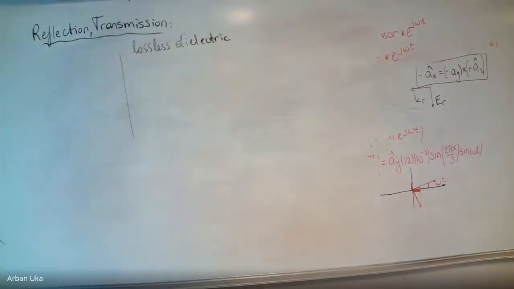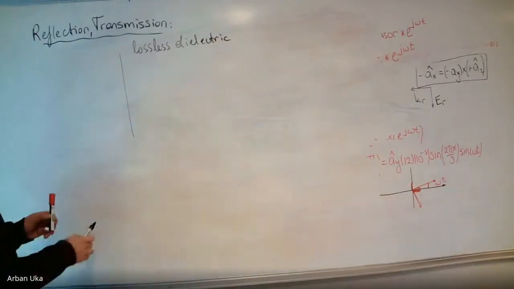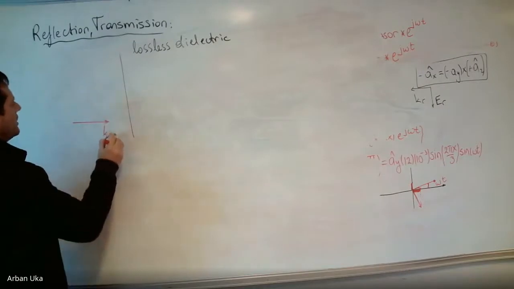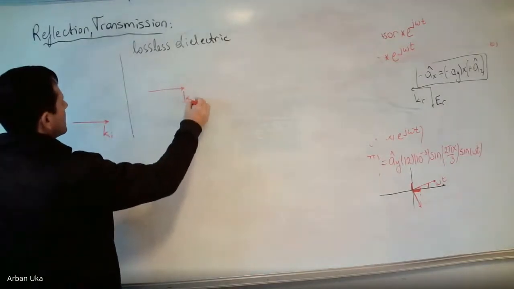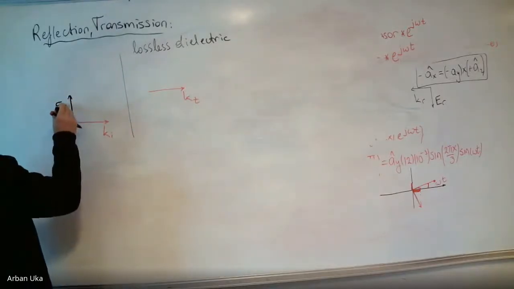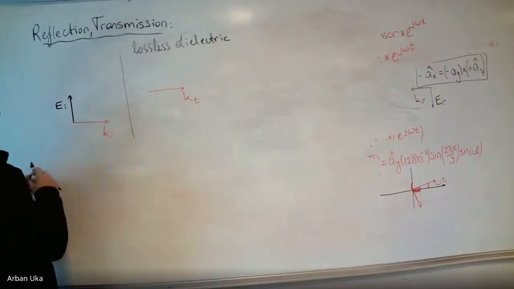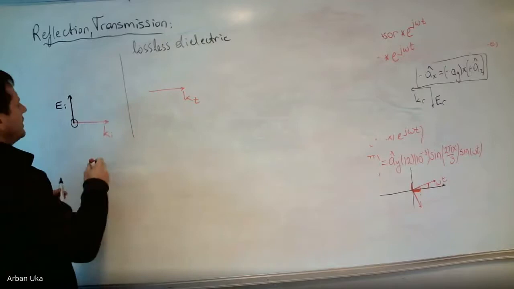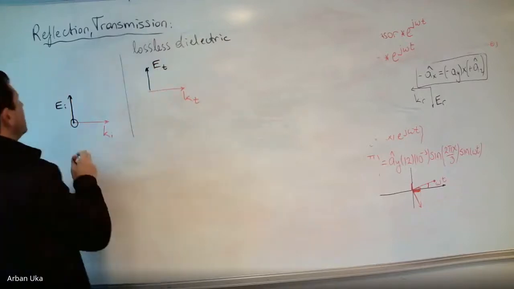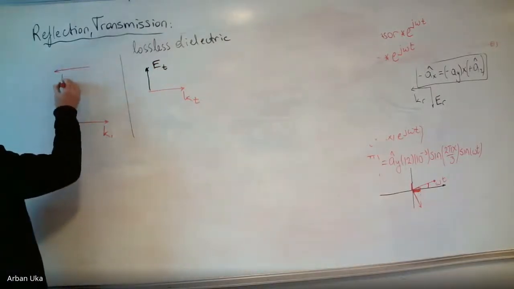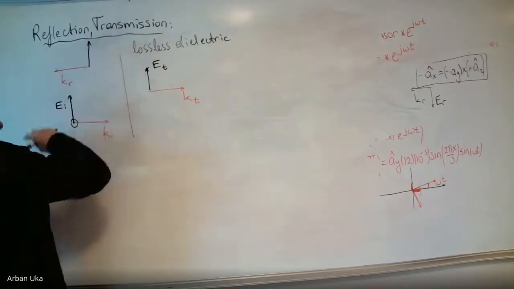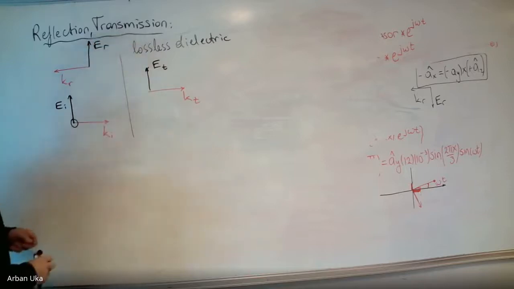So if we have a lossless dielectric on this other side, in medium 2, we have here Ki, this is K transmitted, this is incident EI, and this would be the E transmitted, and the wave which is coming backward is the reflected wave for the electric field.